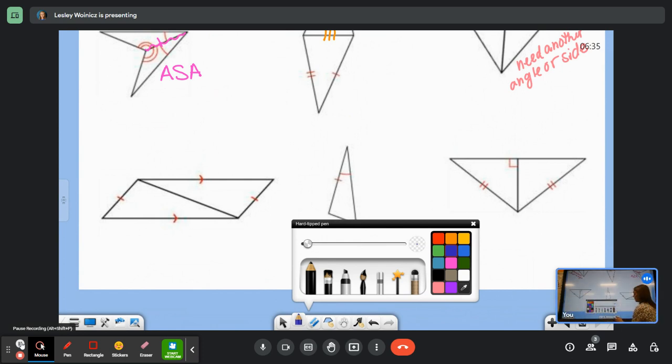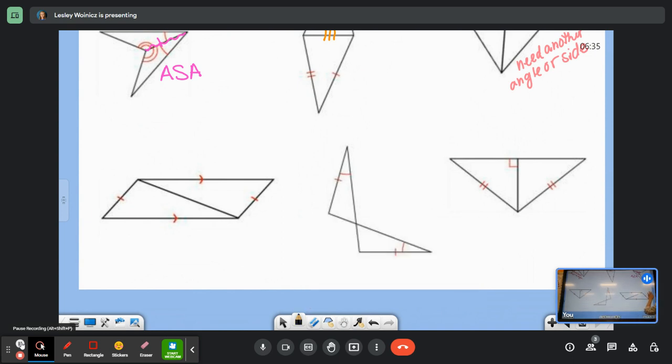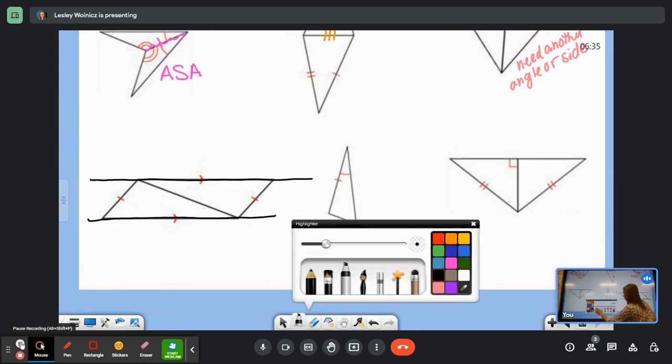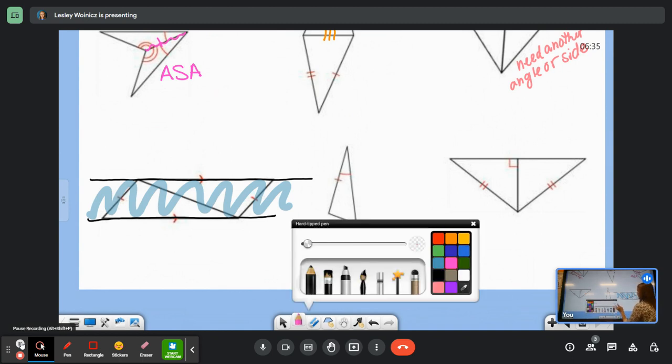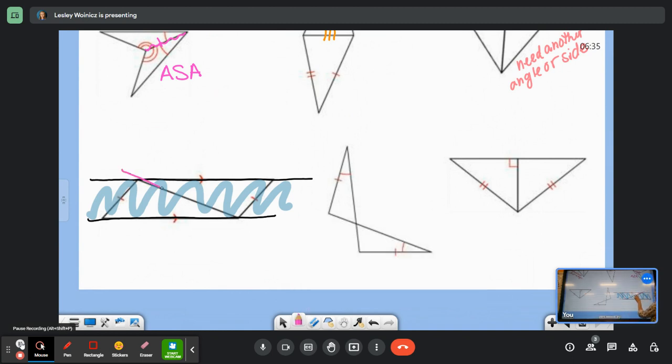Ooh, I like these. These parallel line ones, we get to use our Unit 1 stuff too. So draw in your parallel lines, extend them. Shade in your interior. I'm gonna make my transversal hot pink.